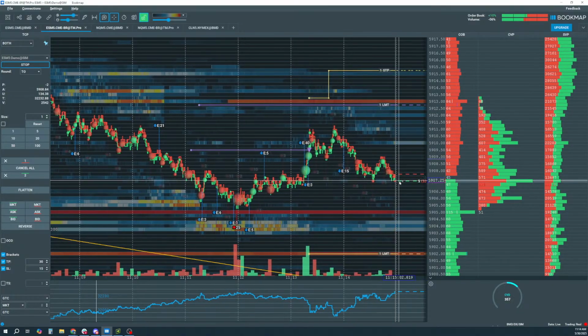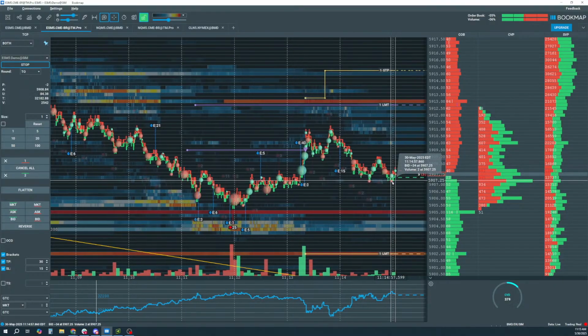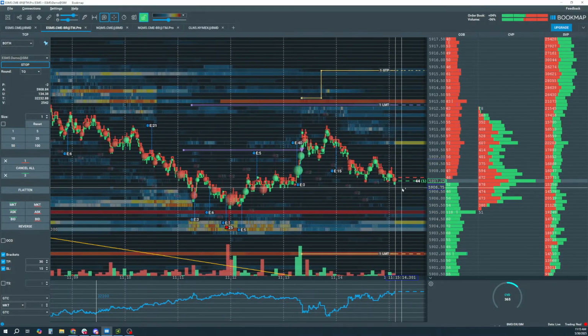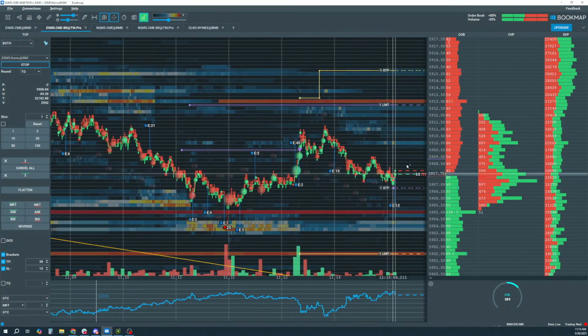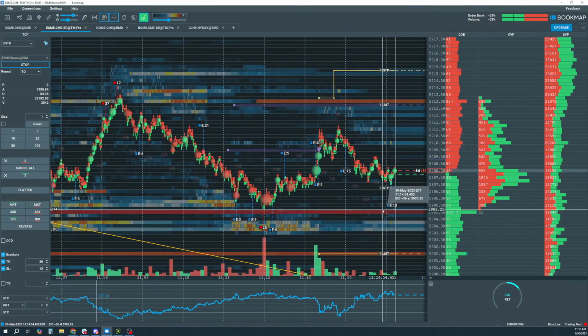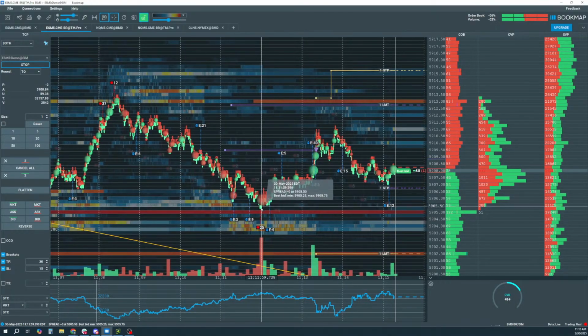Okay, so here I'm looking for sellers right here at this 07.25, and then the test down to 05. Now we can even put in a sell stop here, and I'm looking for follow through. Then I would look to get out right down at 05 on this one. I'm just looking for it to test down to here.